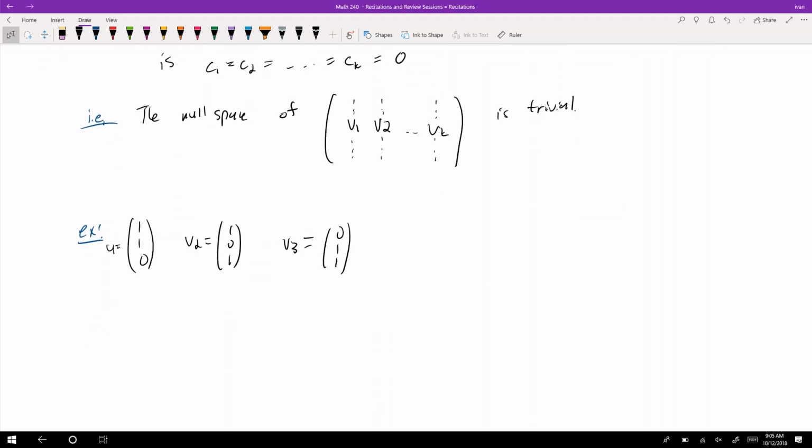You want to see if these are linearly independent or not. What we want to do is throw these into the matrix. Just like we said above, we'll throw V1 into the first column, 1, 1, 0. We'll throw V2 in the second column, 1, 0, 1. And we'll throw V3 into the last column, 0, 1, 1.